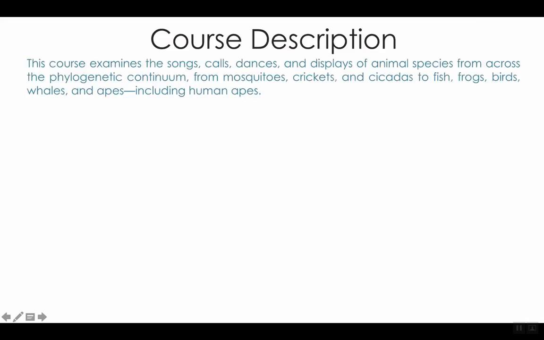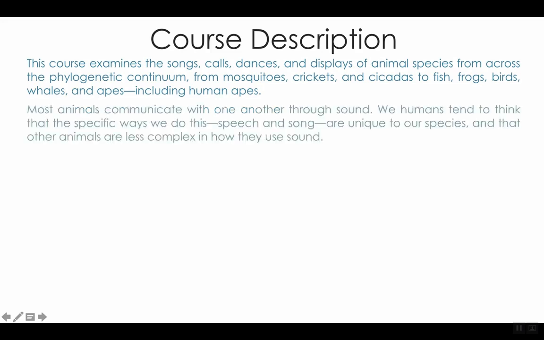Here's a description that I wrote for the course. The course examines the songs, calls, dances, and displays of animal species from across the phylogenetic continuum, from mosquitoes, crickets, and cicadas, to fish, frogs, birds, whales, and apes, including ourselves, the human apes. Most animals communicate with one another through sound.